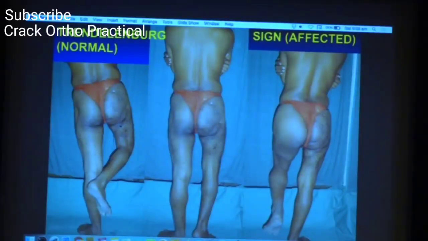And followed by this, there is a phase of double stance, when the patient bears weight on both the lower limbs, and finally he is asked to bear weight on the affected side. And when he bears weight on the affected side, in this particular patient, the gluteal fold sags down like we had in the patient yesterday, and this is what is known as Trendelenburg sign positive.